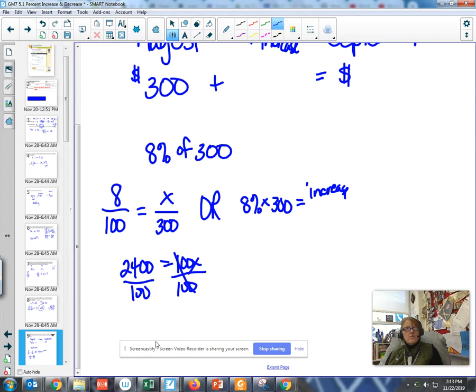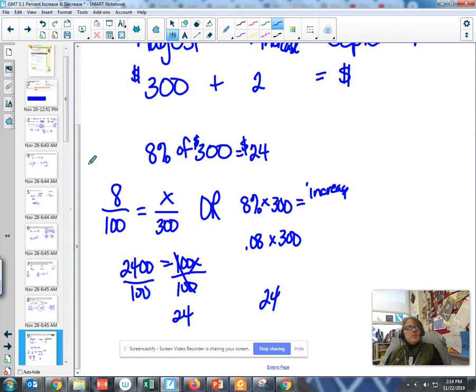And when you solve, you should get exactly 24. And over here, if you plug this in, in my day, we changed the percent into a decimal and then multiplied, and you still get 24. Whichever way works for you, do it. So 8% of 300 is $24.